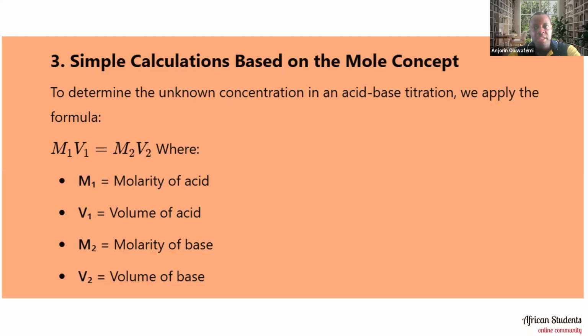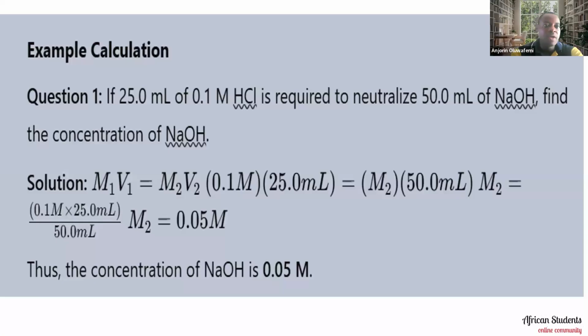Okay, so please let's take note of that. Molarity of the acid, M1, volume of the acid, V1, molarity of the base, M2, V2 is the volume of the base. Okay, all right, now let's move along and look at some examples.